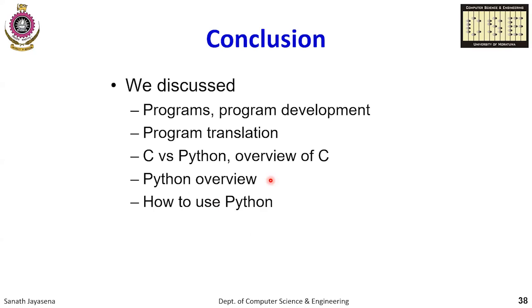Then a comparison of C versus Python, and some overview of C, just to give you an idea of what the C language environment looks like. The overview of C was quite short, because from that point onwards we are simply focusing on Python.